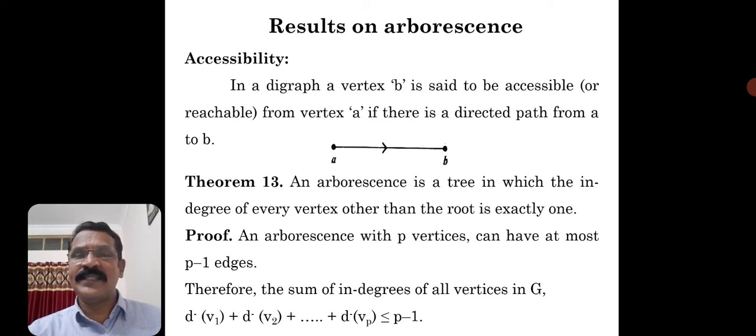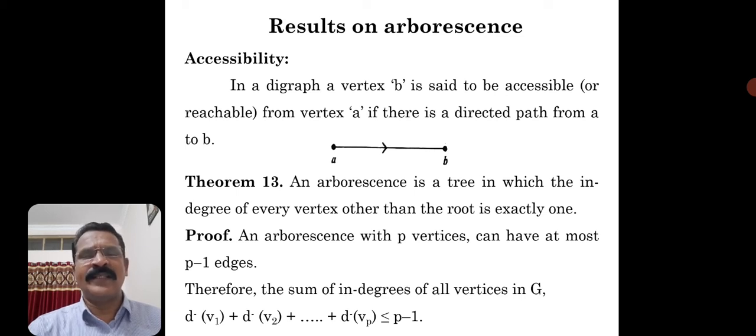The definition is different, but when we observed the in degree of every vertex in the arborescence, the root has in degree 0, but all other vertices other than the root have in degree 1, isn't it? So that observation itself is the result. So how to prove this result?